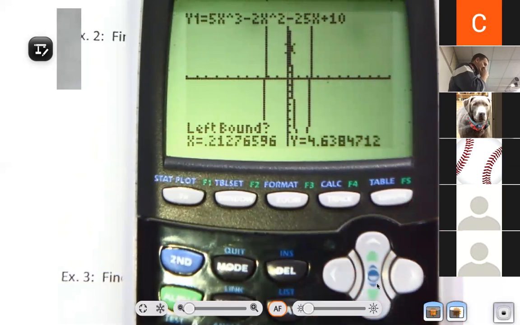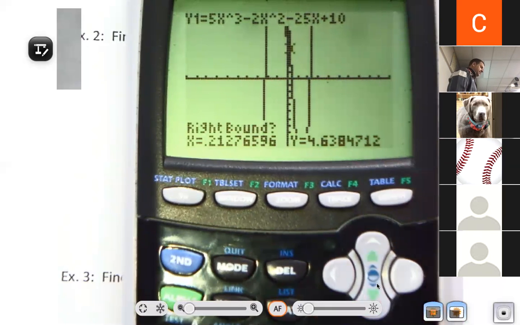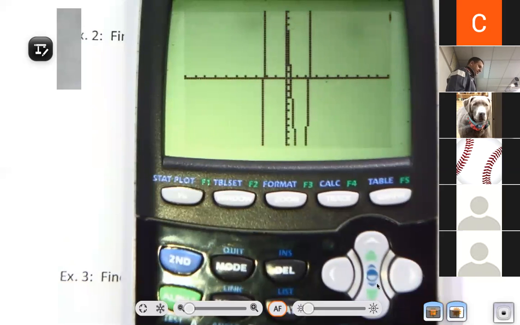There it is. Notice this time the left bound doesn't mean above or below the x-axis. It means left or right of that x-intercept. So notice on this one, my left bound is here because that cursor is left of that x-intercept. I push enter. Go to the right. Push enter. Yes? Yes, please.